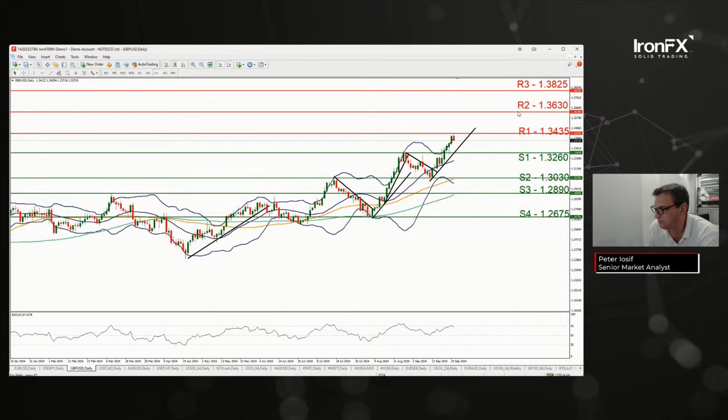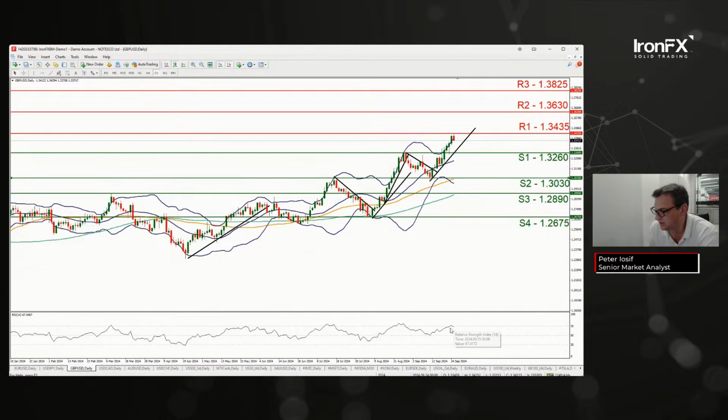On the other hand, though, I have to note that it's correcting lower during today's Asian and early European session. So it seems to have hit a ceiling just below the 1.3435 resistance line. The upward motion, though, is still there, given that the upward trend line remains intact.